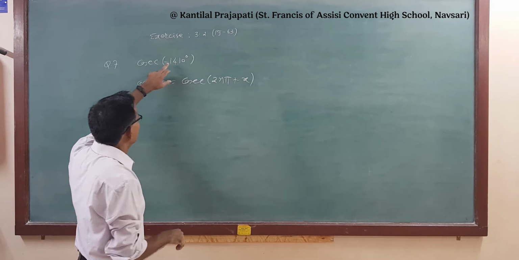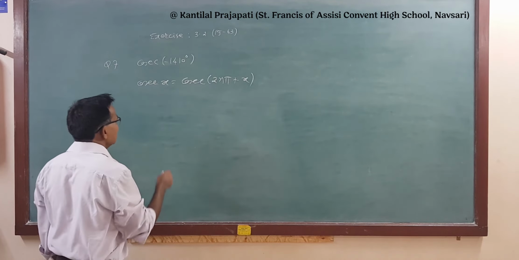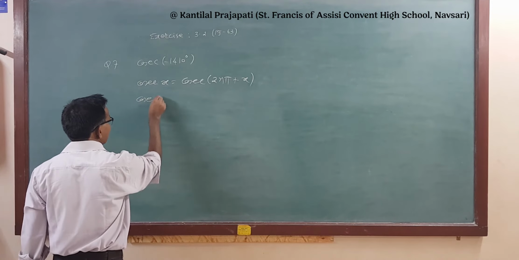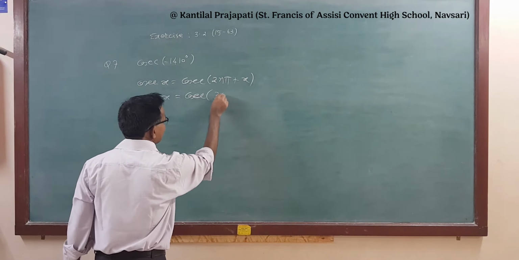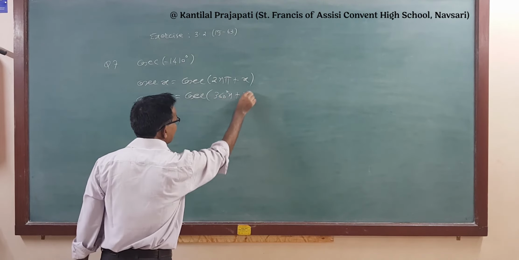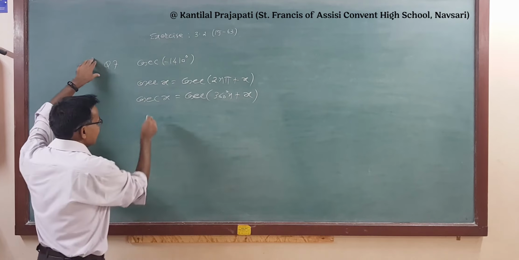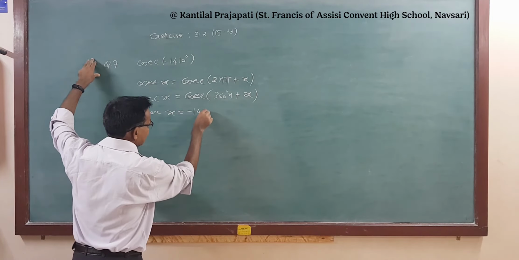Here the degree measure is given, so we convert this 2n pi into degree measure. 2 pi is equal to 360 degree, and therefore this is also written as cosec x is equal to cosec of 360 degree n plus x. Now what is x? x is given as minus 1410 degree.